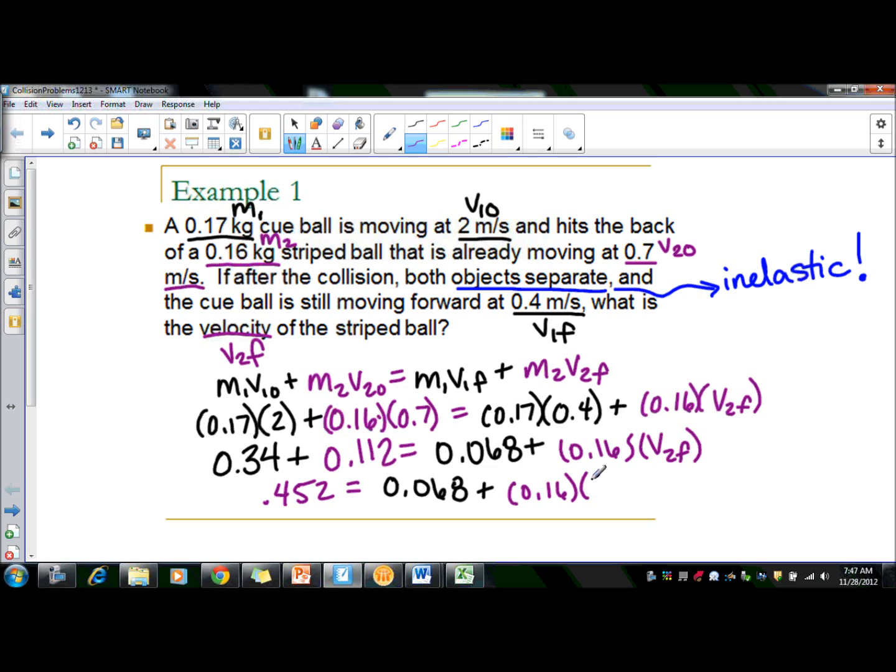0.16 times V2F. So now, in order to try to get this V2F by itself, let's get rid of the 0.068. So we're going to subtract 0.068 from both sides.